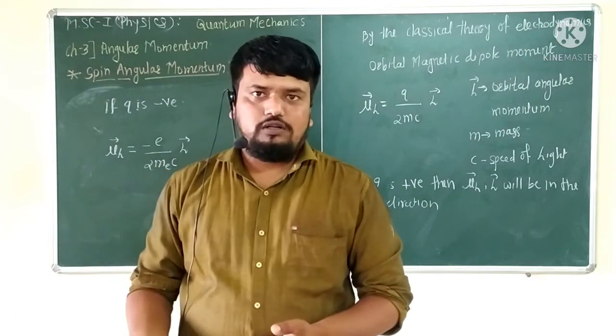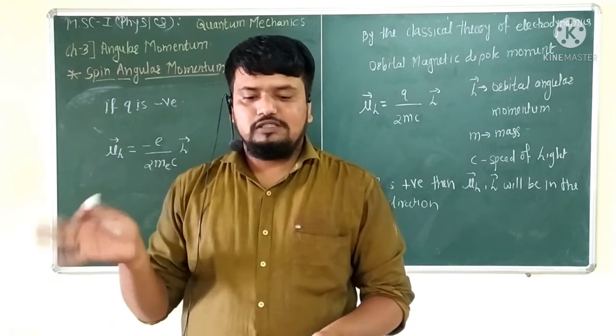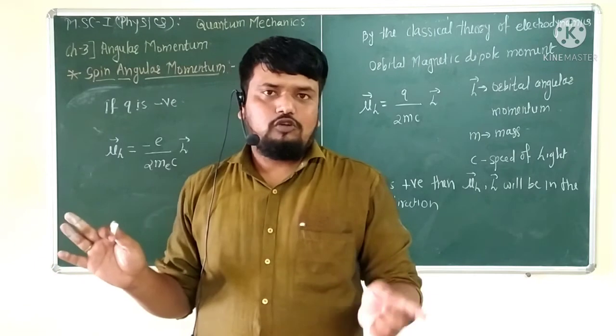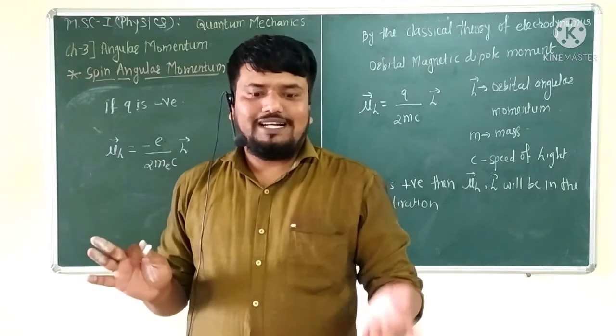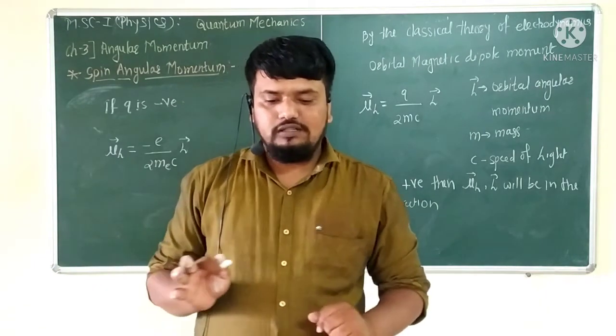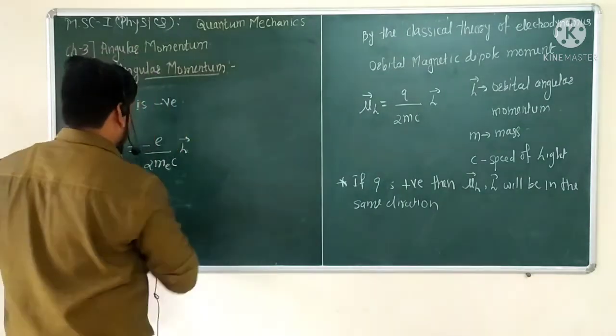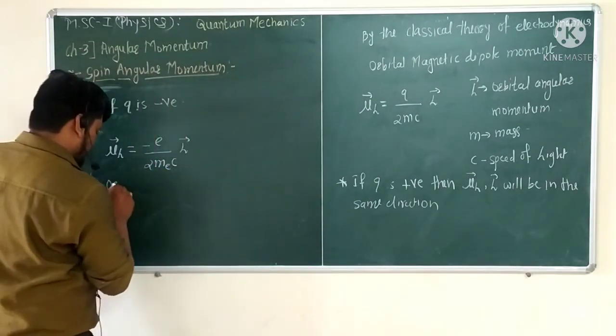With this orbital angular momentum of minus q charge, the magnetic moment will be in the opposite direction to the orbital angular momentum.